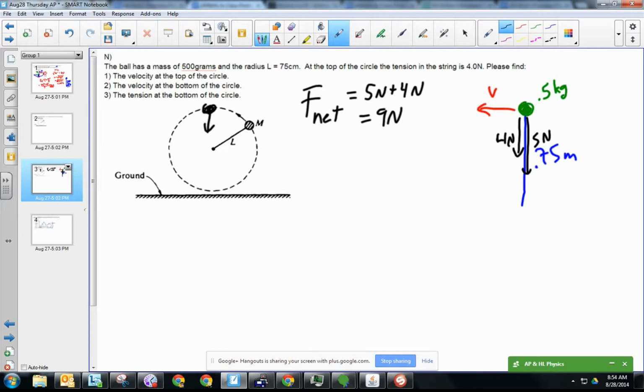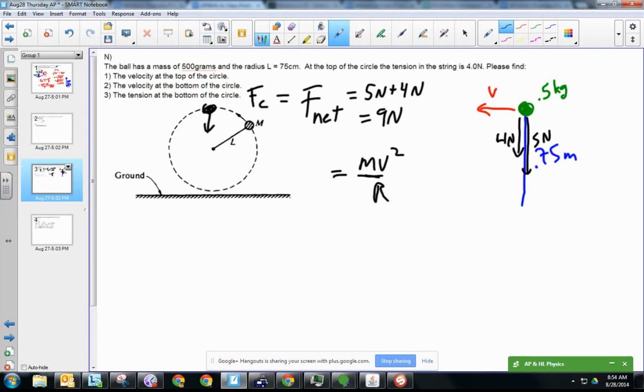So the net force when you're going in a circle is providing the centripetal force. We set this equal to Fc, which is mv squared over r, where v squared over r is the centripetal acceleration, and we multiply by the mass to get the centripetal force.